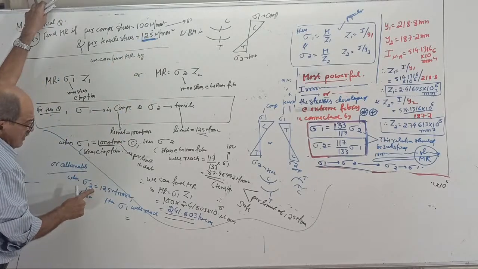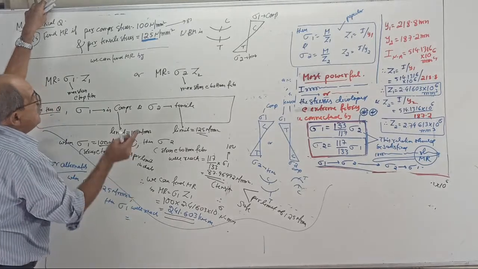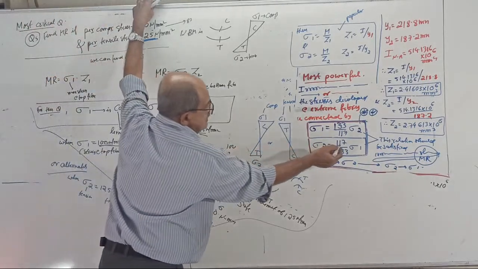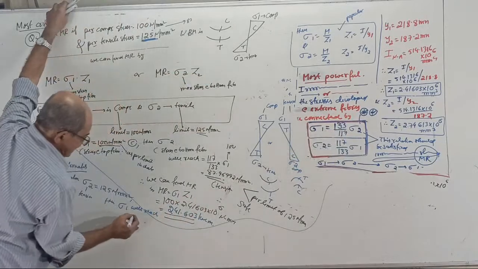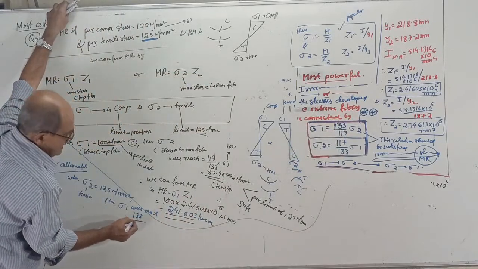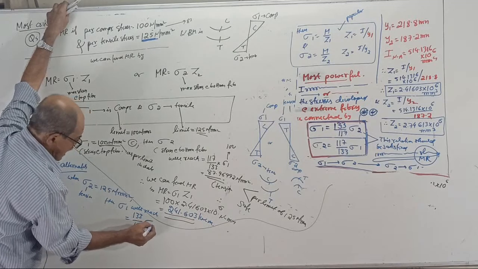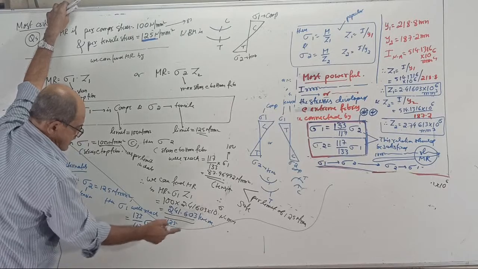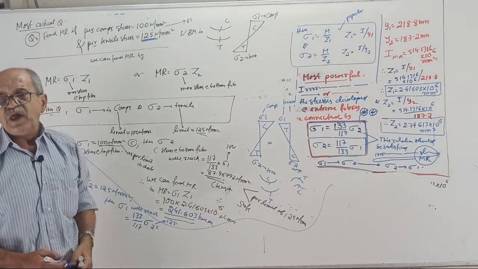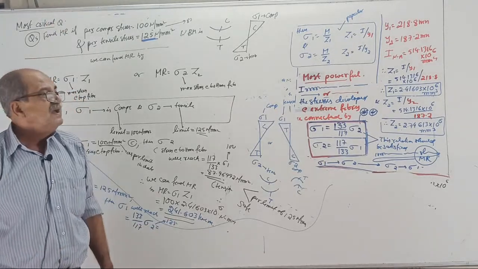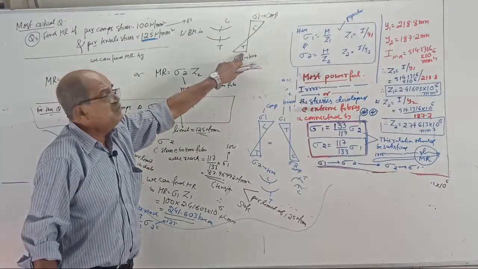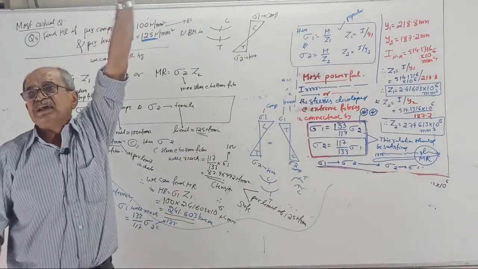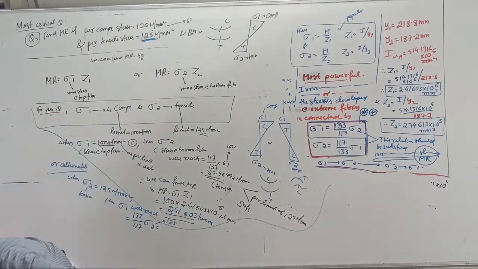Then sigma 1 will become 133 by 117 into sigma 2. Sigma 2 is 125. If you allow the bottom fiber to reach 125, how much stress will come at the top fiber?